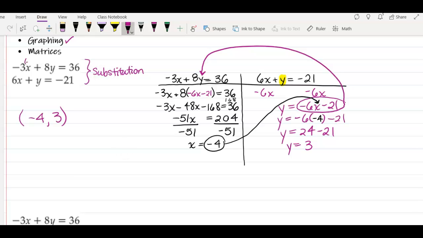And if I substitute these points into the equation, 12 plus 24 equals 36. Negative 24, that's negative 4 times 6, plus 3 equals negative 21. So I know my solution is correct.